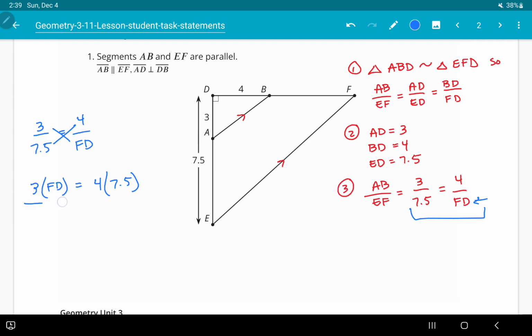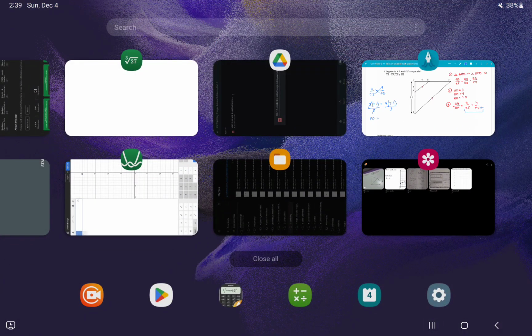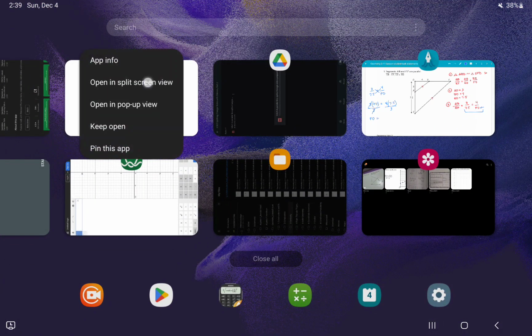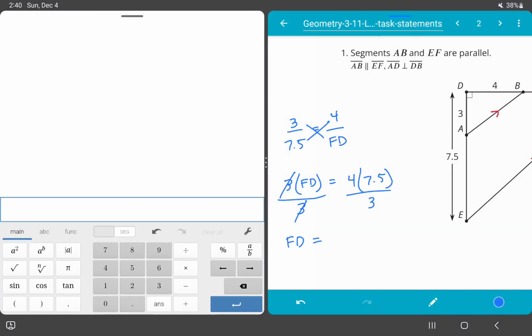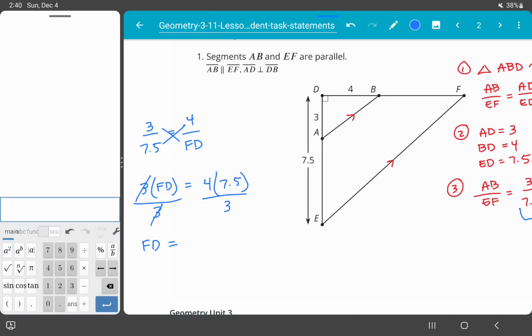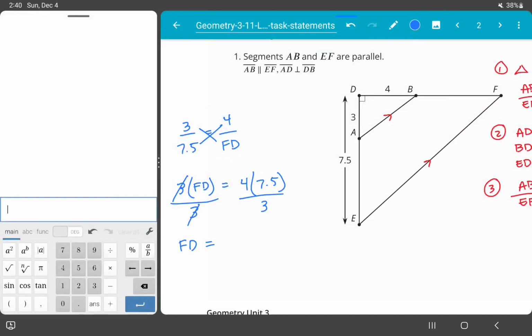And now I can divide both sides by 3 to cancel these out, so that FD is going to be whatever 4 times 7.5 divided by 3 is. So let's get the calculator here and go back to here. So I want 4 times 7.5 divided by 3, and that's going to give us 10.